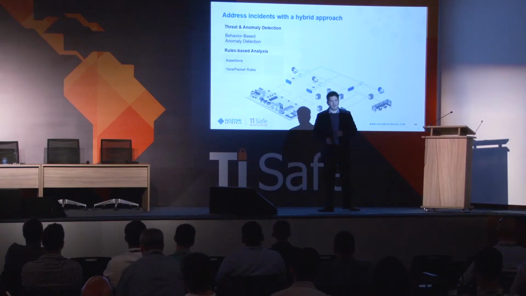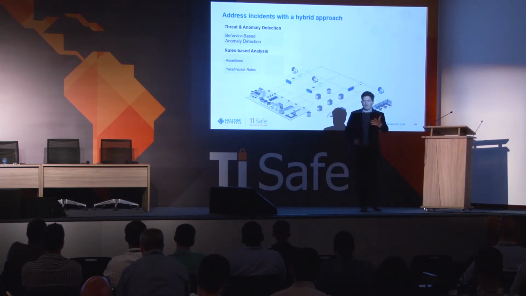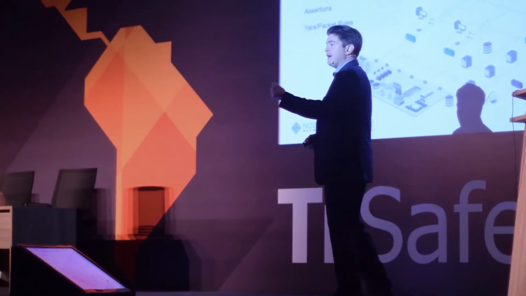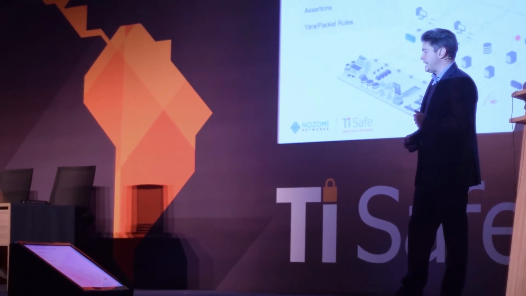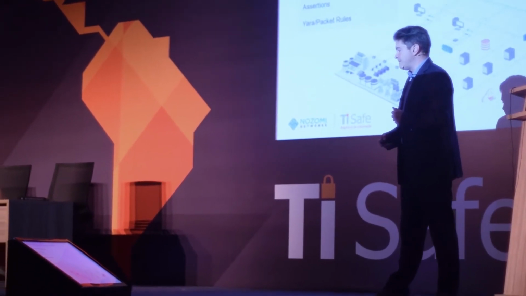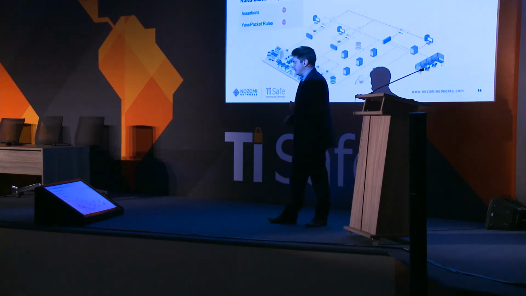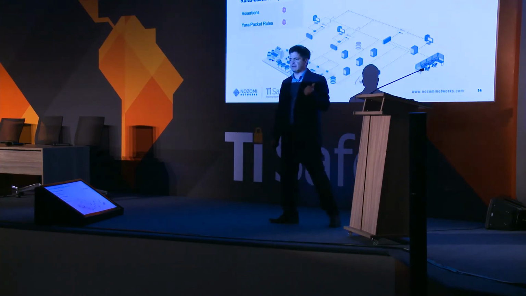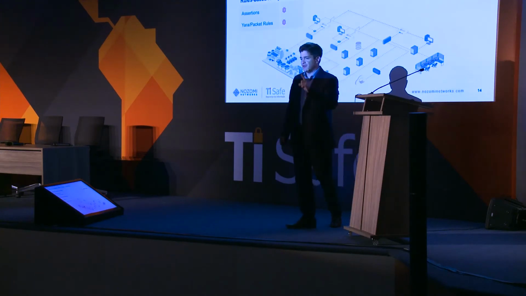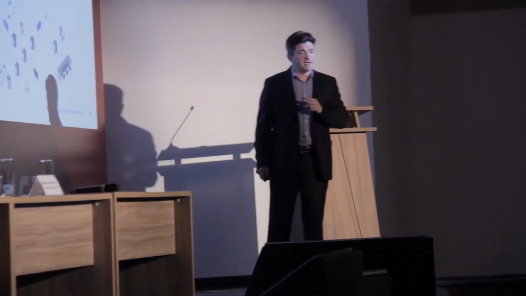So let's talk about behavior-based anomaly detection. I talked about how if you want to be effective against malware that knows your process or that is here to learn about your process, you have to be able to protect in the same way. So the first thing that happens in an attack is that you have the initial infection. You need to be able to detect an infection. How do you detect an infection? Well, signature-based is a traditional way of detecting an infection.